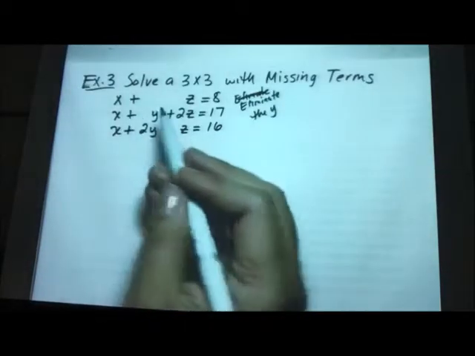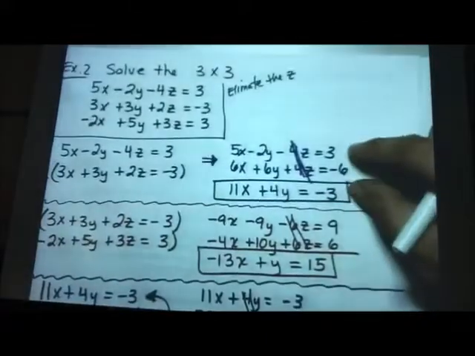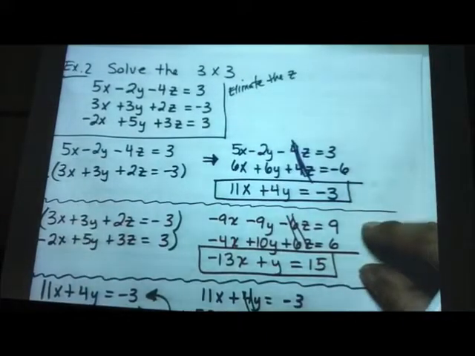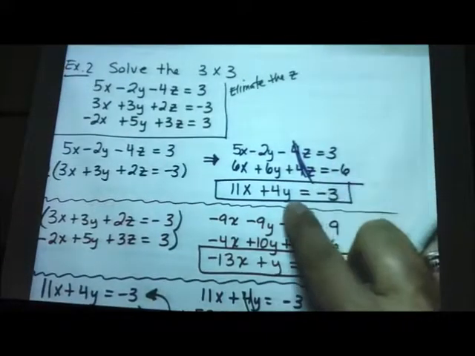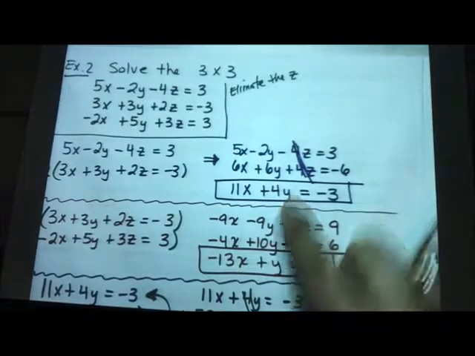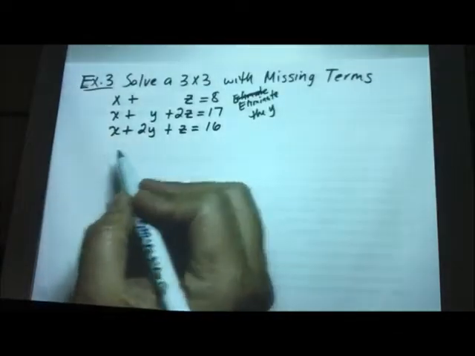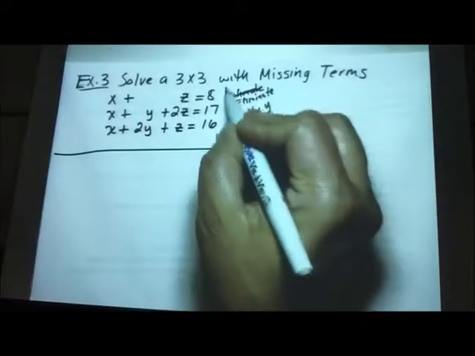Now, the y is already missing. So I already have one equation with x and z. So this that we did here twice, we're only going to have to do it once because one of them is already given to us. So we only have to do this step once. So for example here, those are original problems.